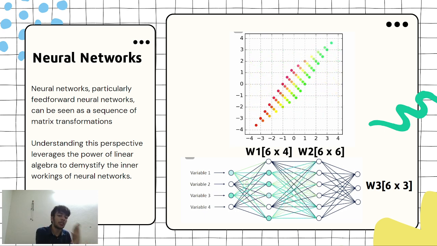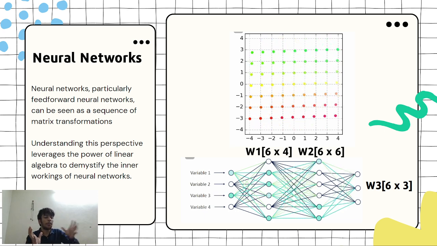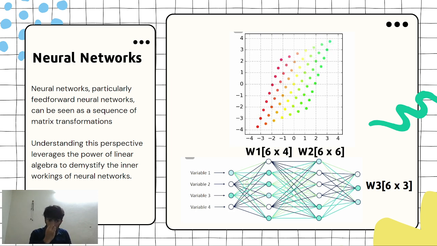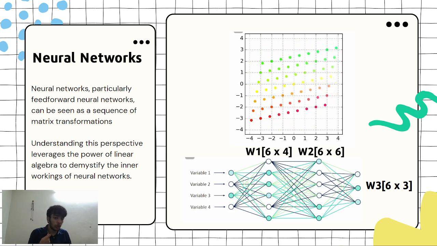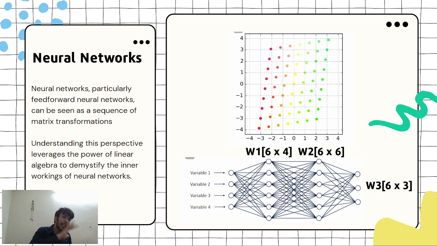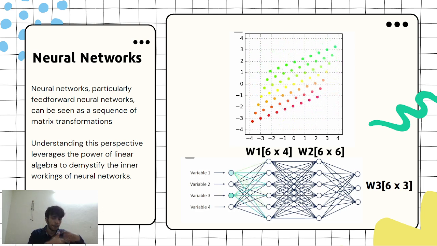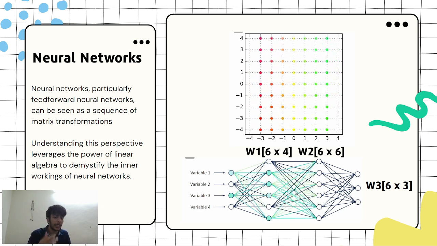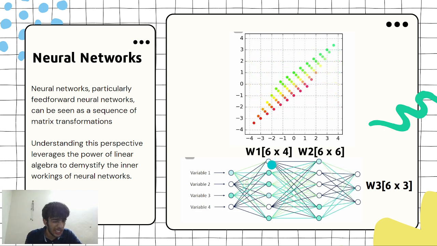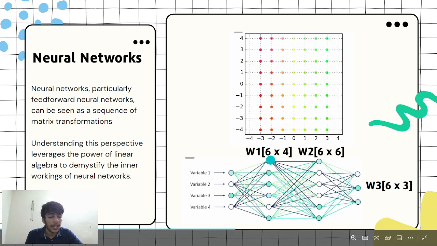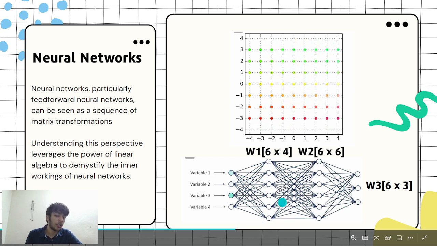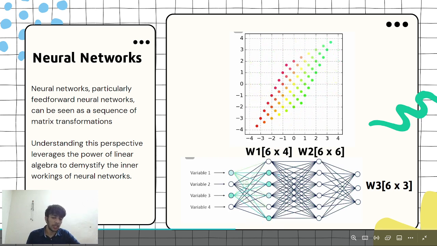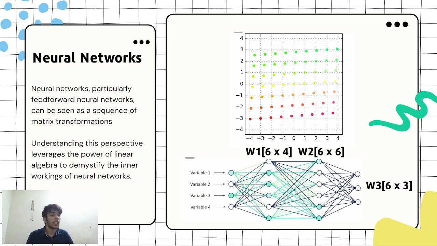To deal with this problem, each of these is called a neuron, and a collection of neurons vertically is called a layer. After application of a layer, after application of a linear transformation, we apply something called an activation function.